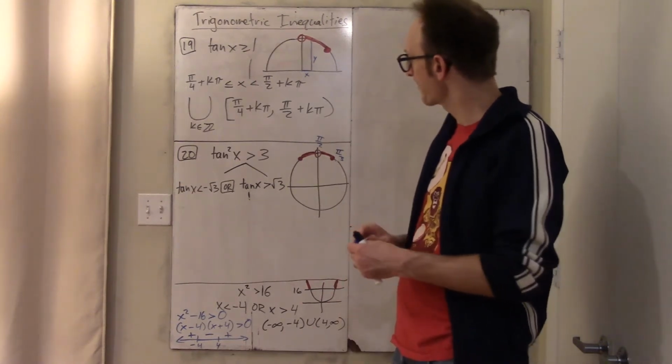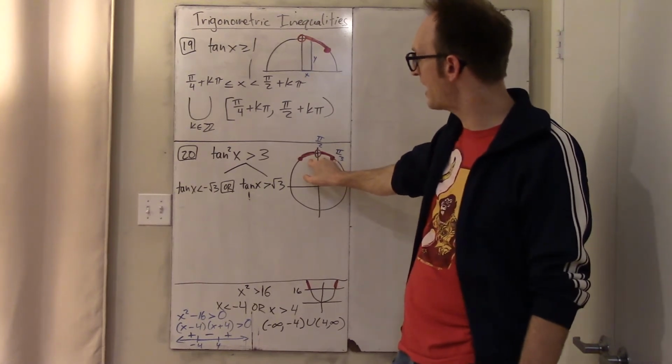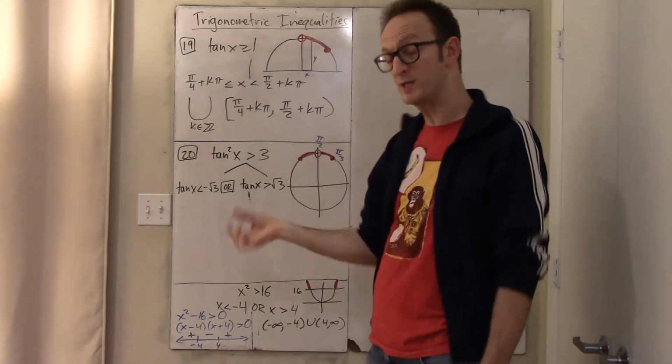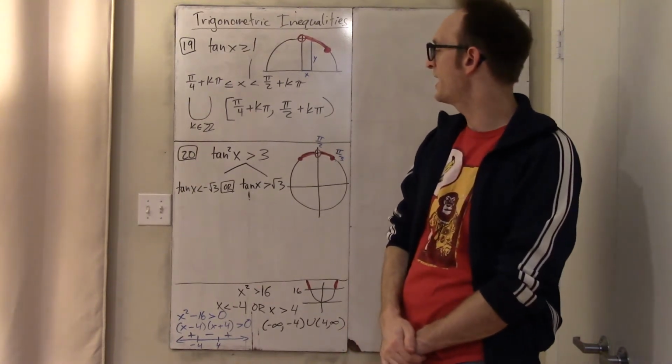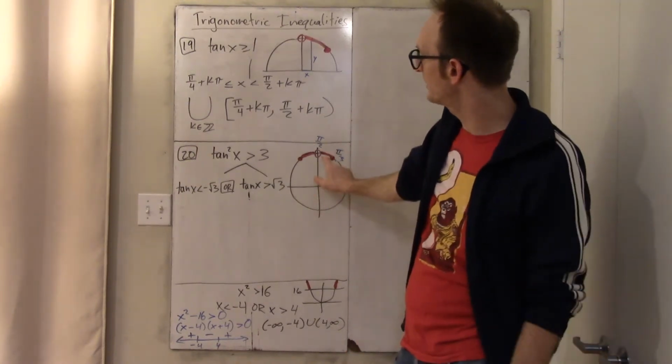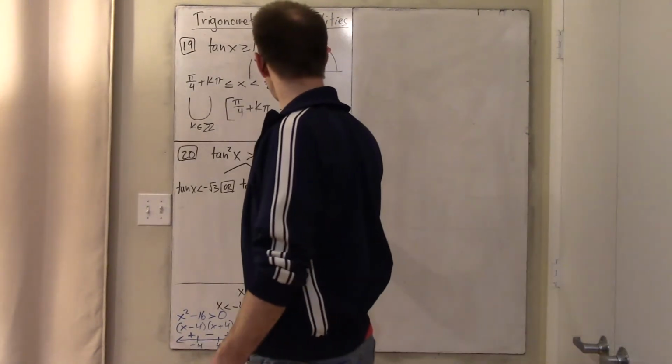So by symmetry, both of the points near pi over 2 have very large y coordinates relative to their x coordinates. This is the geometric way of thinking about it. So here tan will be a large positive, and here it will be a large negative, so it's 2 pi over 3.